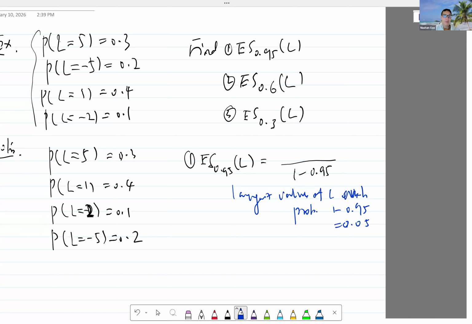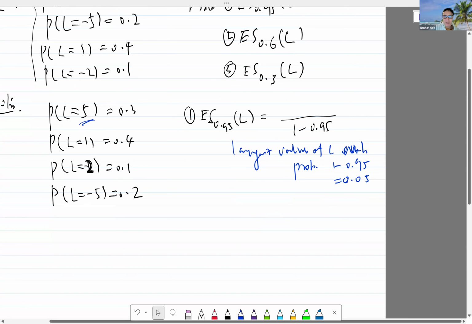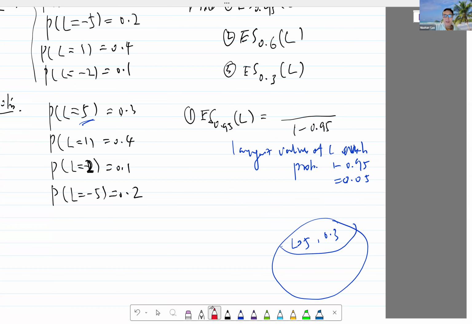There is nothing to worry about because the largest value is 5, and its probability is 0.3. It's more than enough, right? There is a big portion of L equals 5 with 0.3, and you only need probability 0.05, so you take a small part of it. The first value is more than you need, so you just take 5 times 0.05.